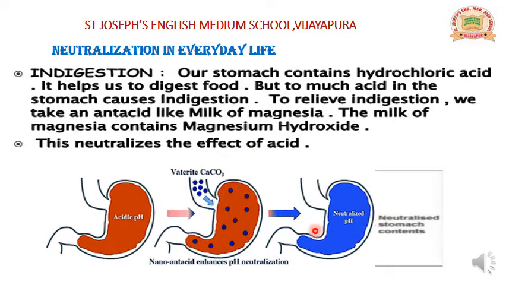Then the pH becomes exactly 7. You can see when it is acidic, it is completely orange, which indicates the presence of acid. When magnesium hydroxide is added, it neutralizes the stomach.